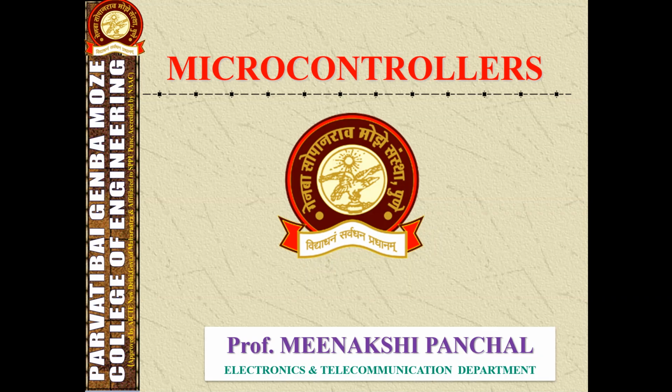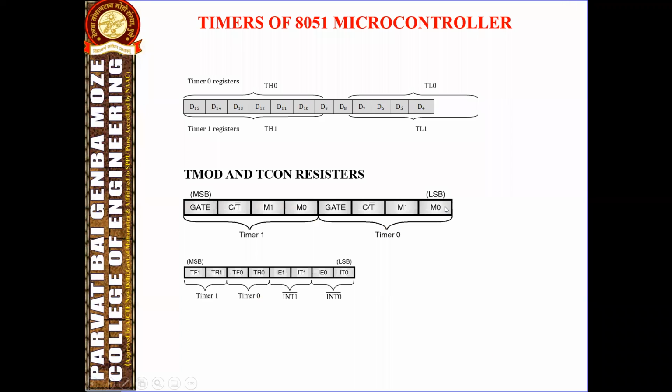So in today's lecture, we are going to discuss timers and their modes of the 8051 microcontroller. The microcontroller has two 16-bit timer or counter registers, namely Timer 0 as T0 and Timer 1 as T1.